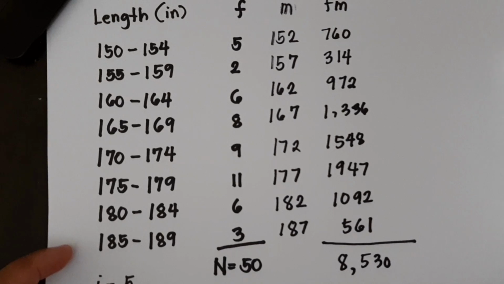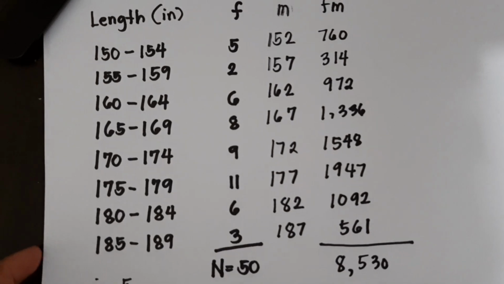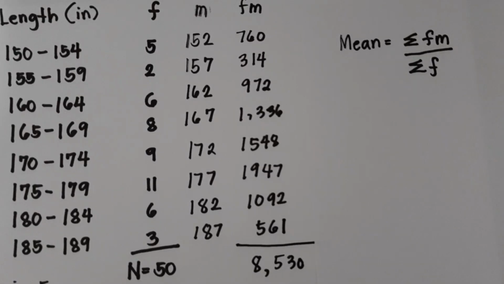Okay? So to find the mean, you just have to get the quotient of the summation of the product of the frequency and the midpoint and the summation of frequency.